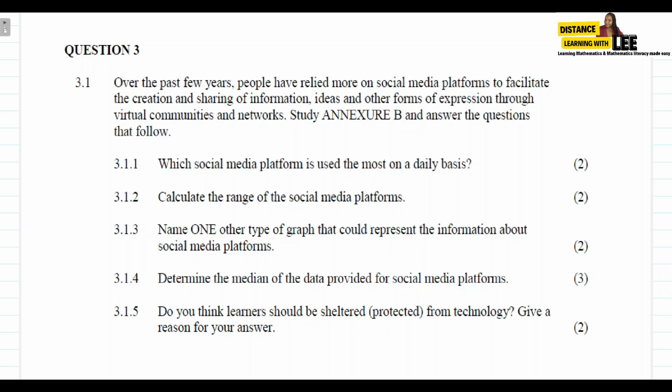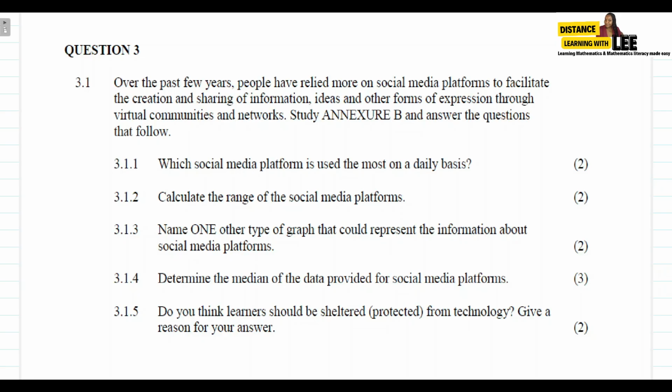I've come to realize that most learners are easily distracted by social media. Most learners are on TikTok, Facebook and Snapchat to a point where they are not studying anymore and not doing their maths homework.